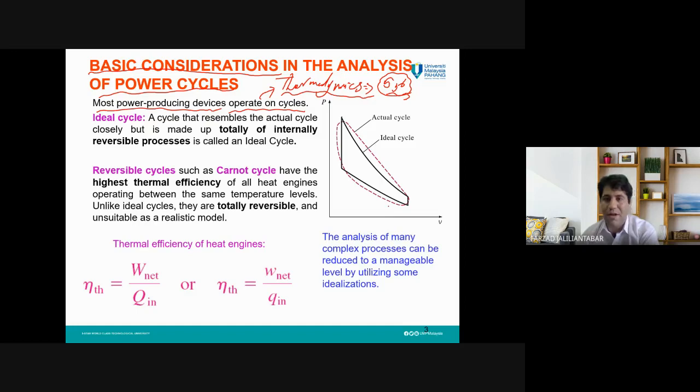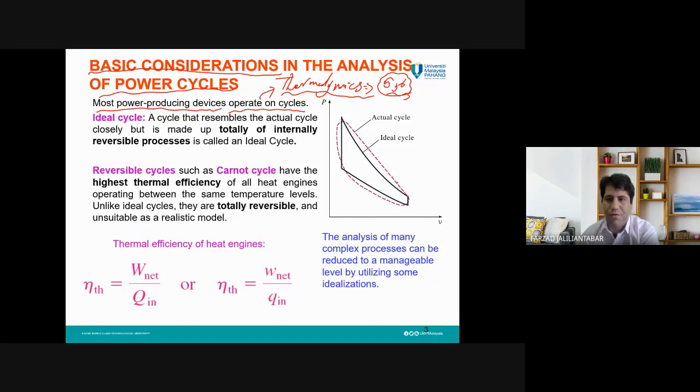So it will be a closed curve. So to show the cycle on a PV diagram, we need to know information for each point, or at least in some specific points or states. Then we need to know also the process, the path between those two states.